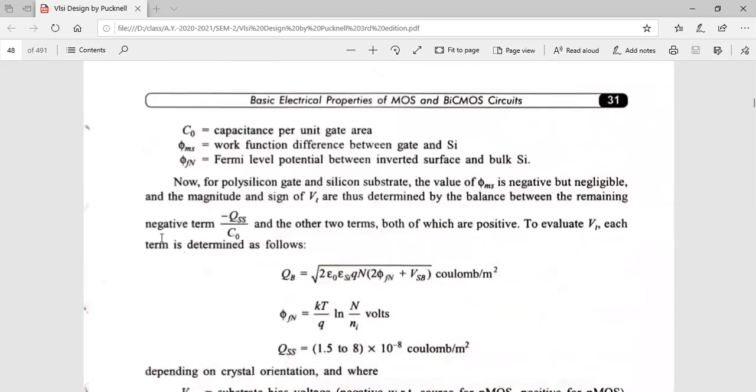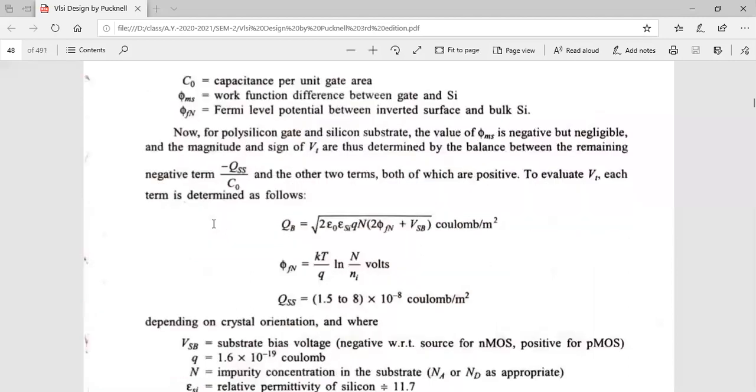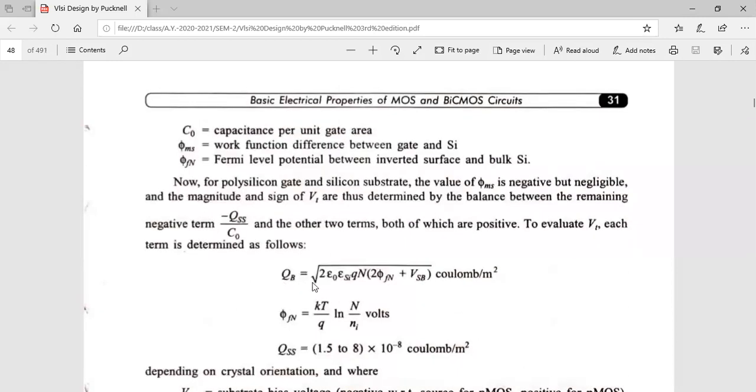So you can see this capacitance per unit. See how these parameters are going to change. I can write this value for QB in this format. I can write QFN in this format. I can write QSS.